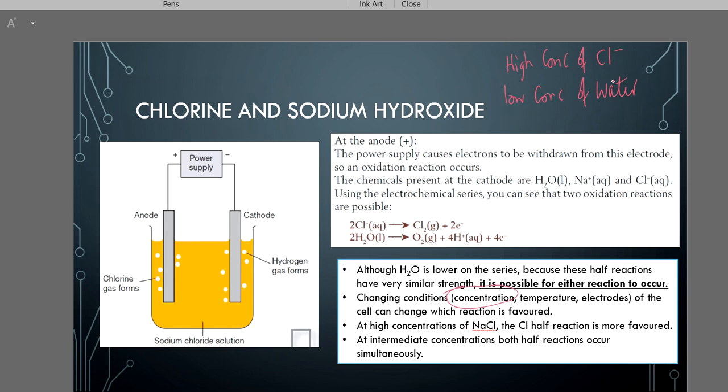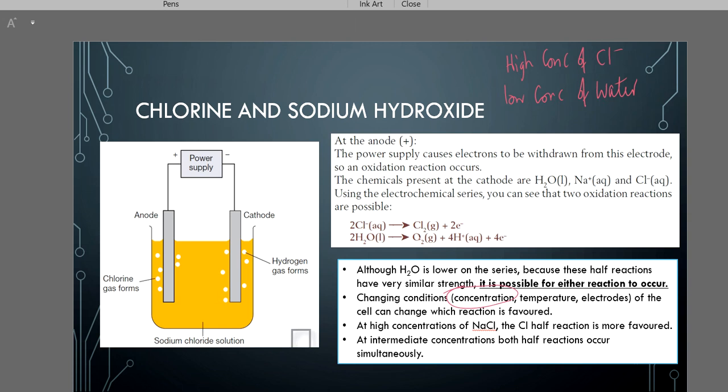What that will mean is that particular order on the series, that water is stronger, isn't necessarily what's going to occur anymore. Because there is a large amount more chlorine present in the solution within the cell itself, chlorine will preferentially oxidize and we will get a large amount of chlorine.